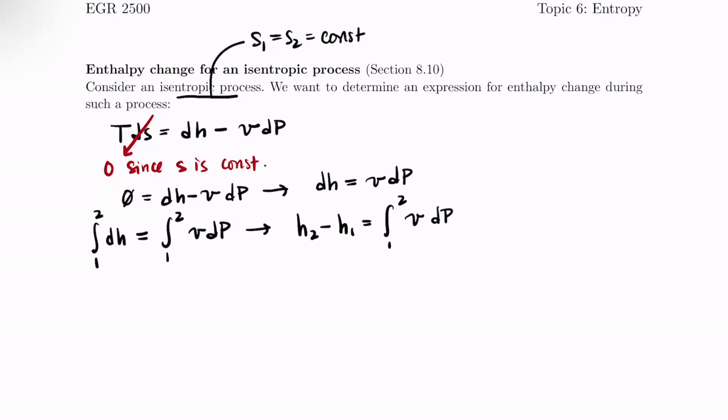All right, so we need to figure out how v depends on P in order to do that integral on the right-hand side, right? So we need to know v as a function of P to do this integral.